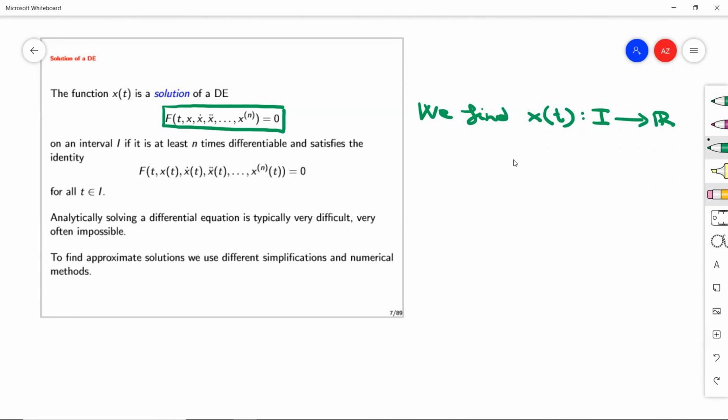So we find a function x of t such that this equation is satisfied, such that this function satisfies our initial DE. This is all that we have to determine. So to find a function x, which depends on t.